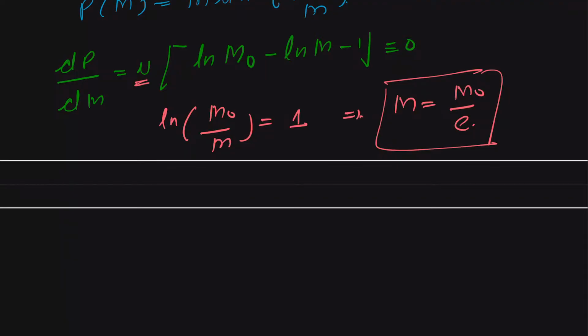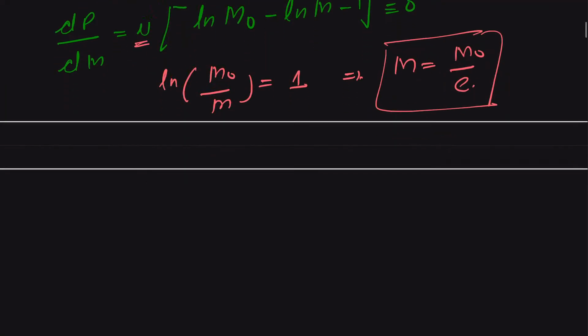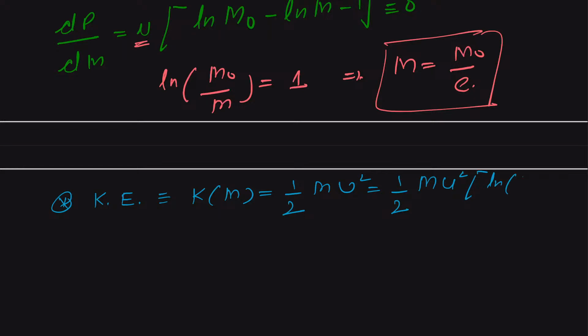Now in the same way we are going to calculate for our kinetic energy. Let us suppose it is k of m, and that is equal to half m v square. V we already know, so this comes as half m u square, natural log of m naught upon m whole square. Once again we are going to maximize it.